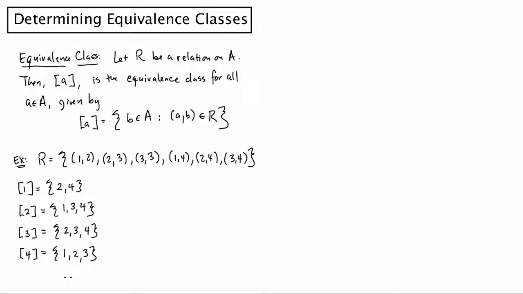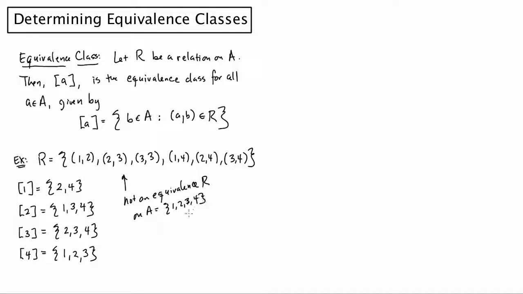Now, there's really not much more going on there than me just identifying which particular element gets related to which other elements. And this is not an equivalence relation. So if you look at the relation R, this is not an equivalence relation on the set A consisting of the elements 1 through 4.